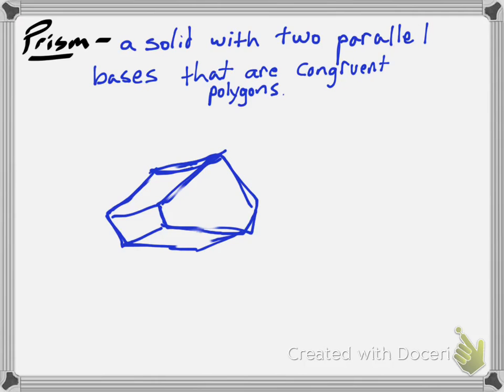So there's a shape. It's a solid, and it's made by two parallel bases that are congruent. So in other words, the two bases are parallel from each other. They're on either side of each other, facing the same direction, and they're the same thing.